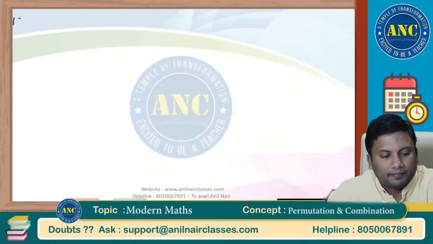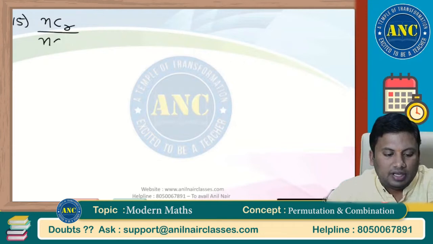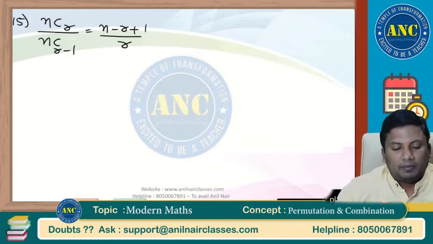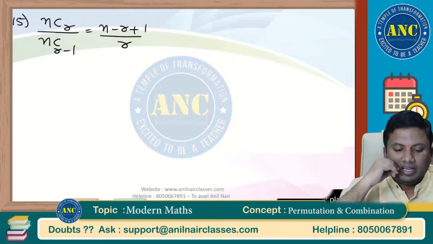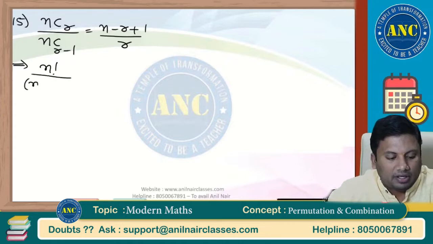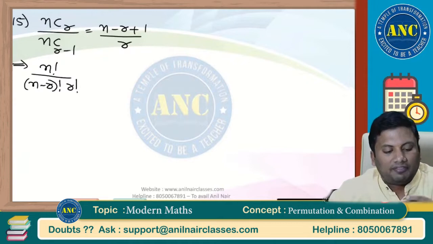15th one. NCR by NCR minus 1 is given by n minus r plus 1 by r. How do we get this? NCR is nothing but n factorial by n minus r factorial by r factorial.